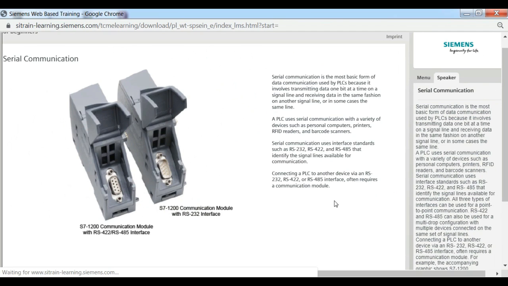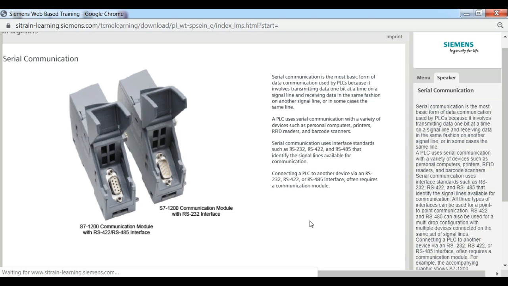Serial communication uses interface standards such as RS-232, RS-422, and RS-485 that identify the signal lines available for communication. All three types of interfaces can be used for point-to-point communication. RS-422 and RS-485 also can be used for a multi-drop configuration with multiple devices connected on the same set of signal lines.